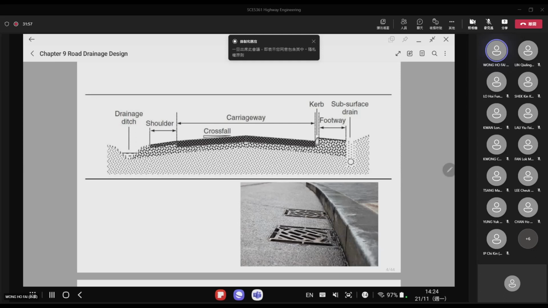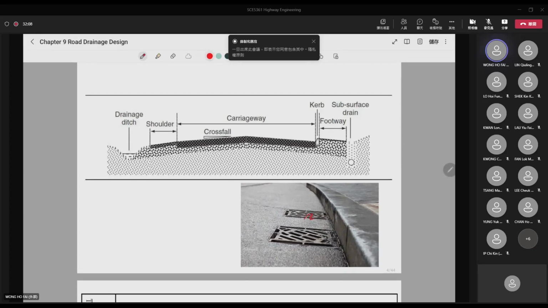Or you can see that on the footway on the other side, there is a gully right there. We call this the gully. This one is the gully. It is a place where we collect the rainfall. And then there is a pipe, and the collected rainfall is transferred to the manhole.